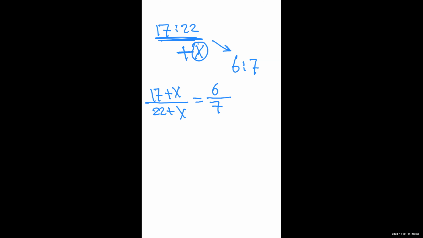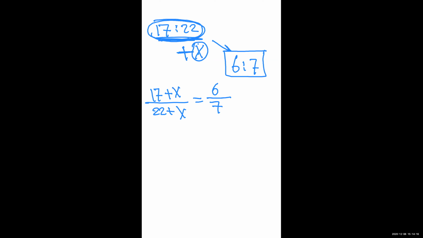The question is find the number that if we add it to the two terms, 17 to 22, the ratio will become 6 to 7. So I have to add a number to the two terms of this ratio, which are 17 and 22, so that it will become 6 to 7. So 17 plus x over 22 plus x equals 6 over 7.